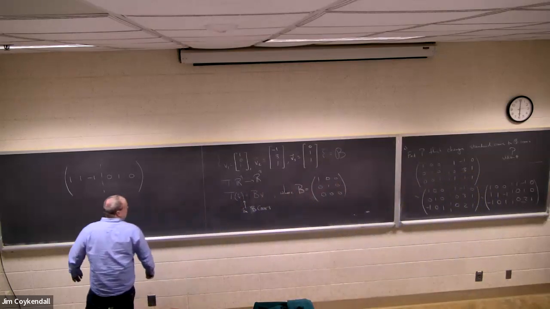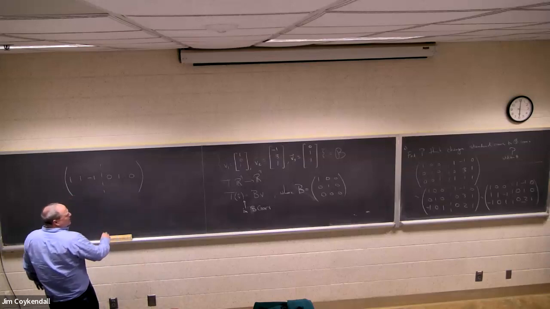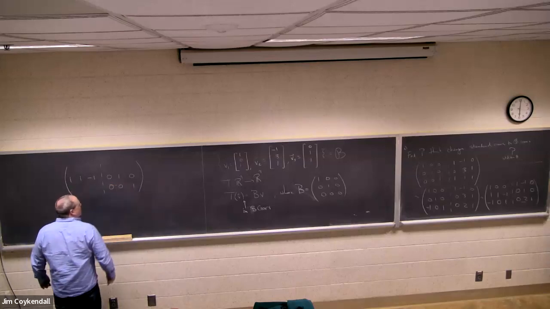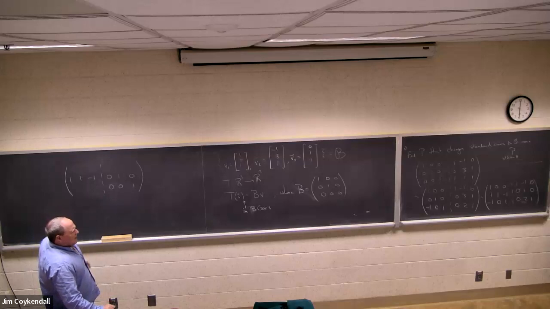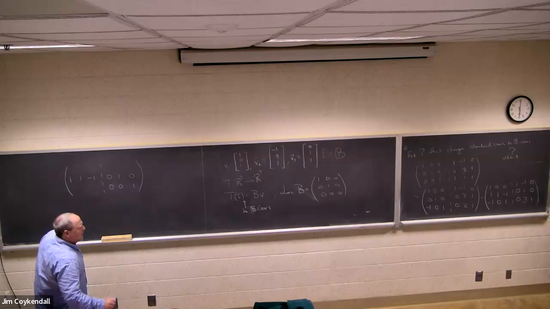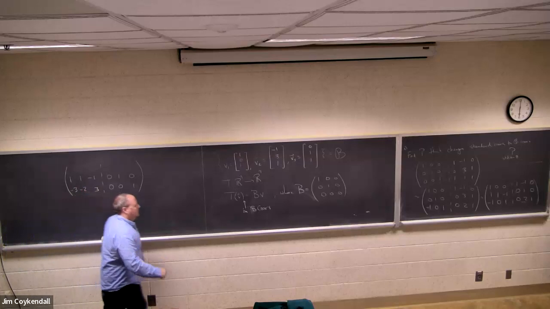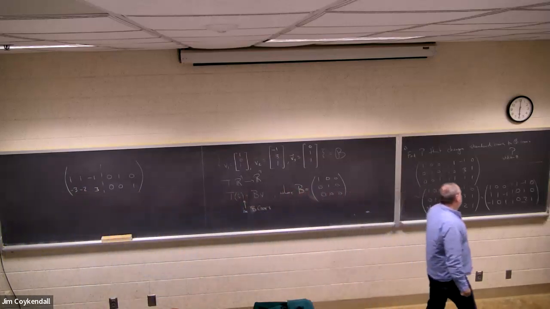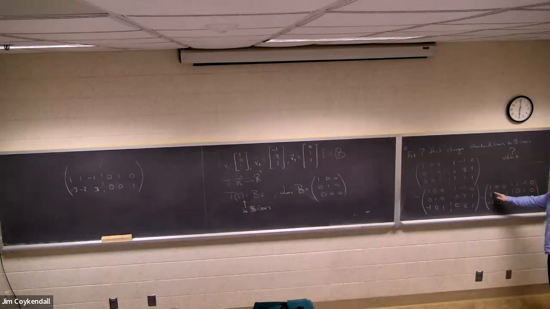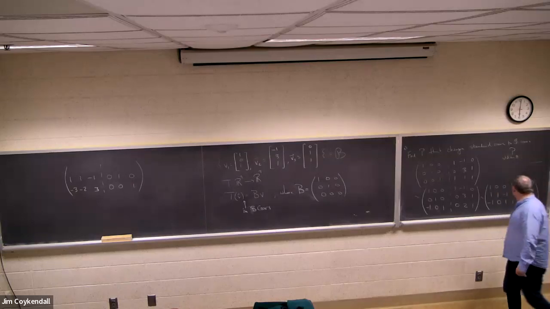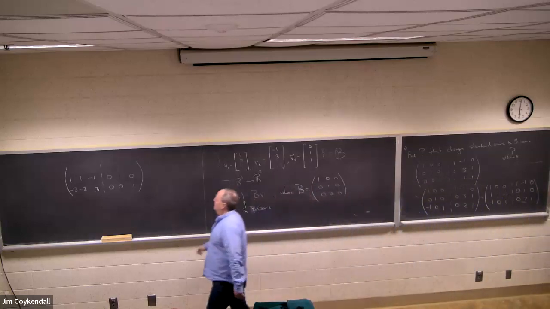So it's going to be 0, 0, 1. Multiply by -2 and add, so it should be -3, -2, 3. And you take out the middle thing here, I'll just add the middle to the top.